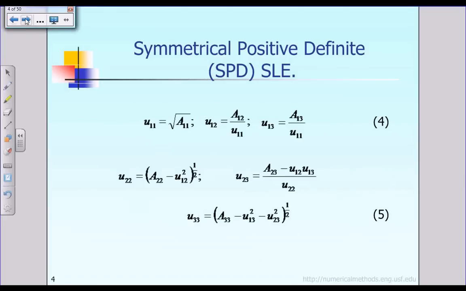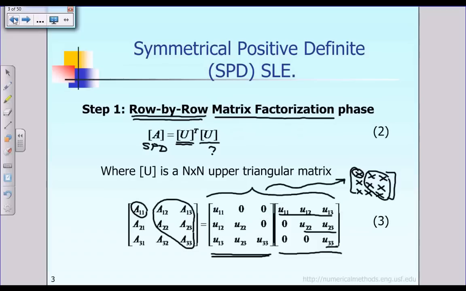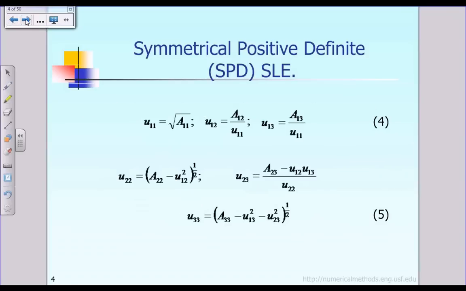As you can see from the next slide, compared to the previous slide, after you equate the upper triangular part of the right-hand side with the upper triangular part of the left-hand side, term by term, we get 6 equations. Those equations are shown right here as equations 4 and 5. The first equation helps us solve for the term U11.